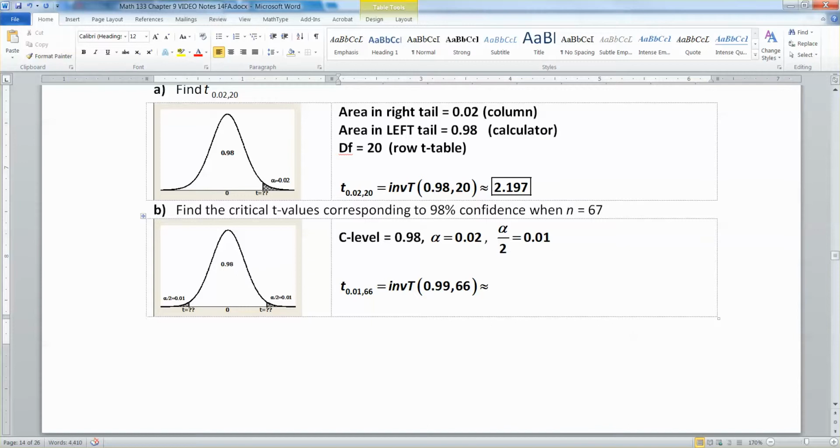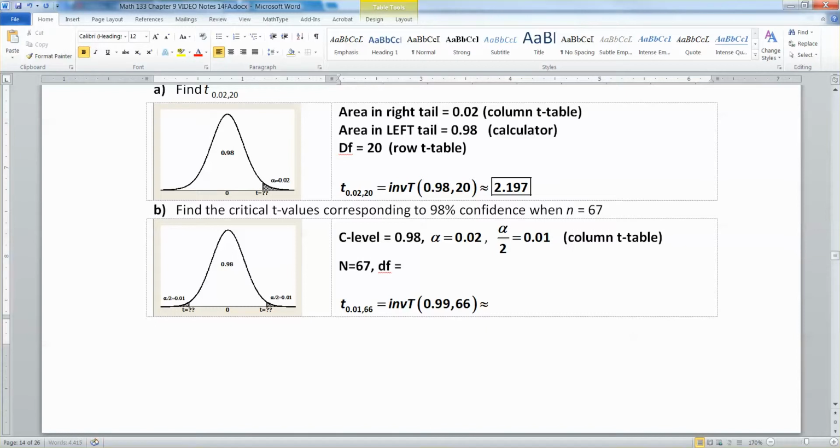Then I have alpha, which is the complement of that confidence level, which is 0.02, and alpha over 2, which is 0.01. That'll be the column of the t-table, right? Then your n is equal to 67, which means your degrees of freedom is equal to 66. Okay, that would be the row of your t-table.